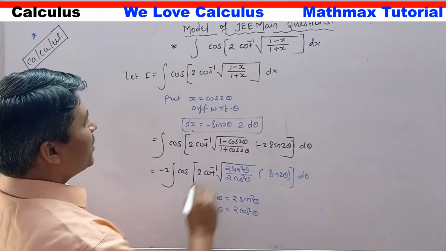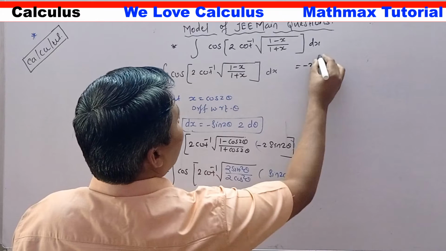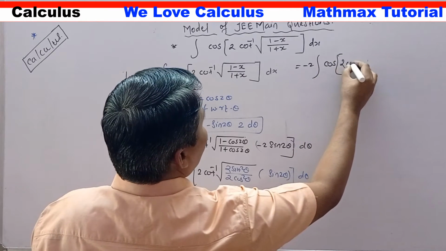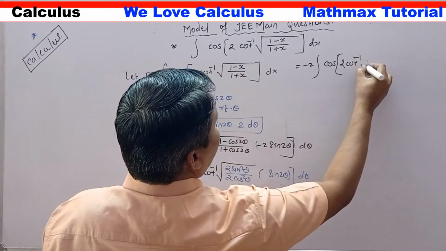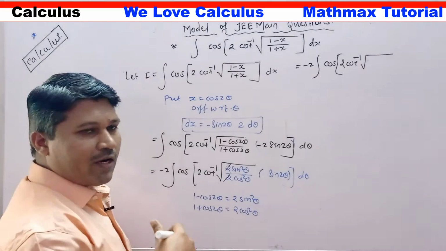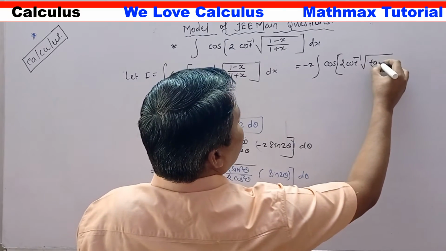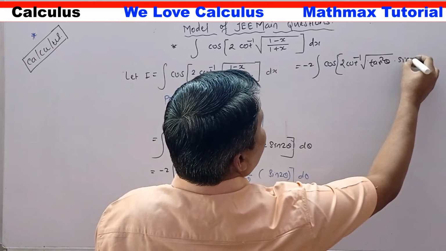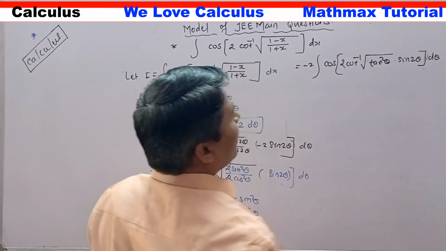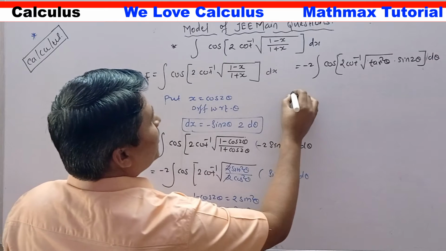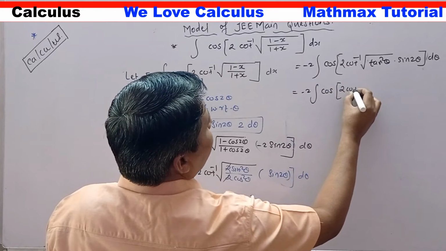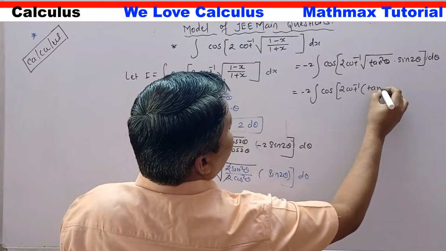Then we get minus 2 integration of cos(2 cot inverse of the square root of sin square theta by cos square theta), where the 2 gets cancelled, which is tan square theta, into sin 2 theta d theta. So we get 2 cot inverse of tan theta.